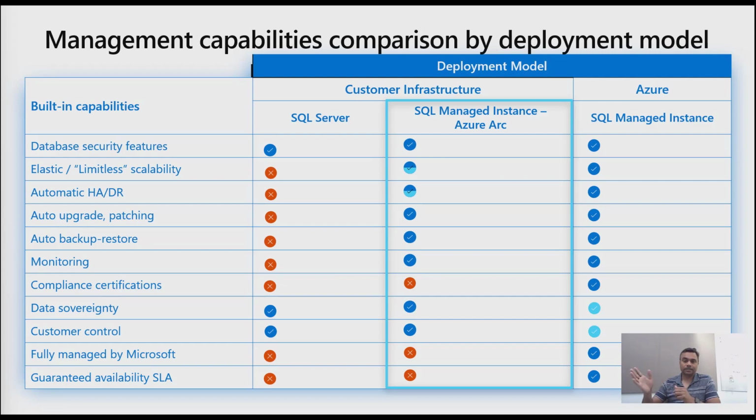So we have guarantees on SLAs around availability, performance, etc. In Arc SQL MI, we don't have any control on the infrastructure. We operate above the Kubernetes layer. As such, there are no guarantees on SLAs or performance. You, as the customer, bring whatever hardware you want that meets the availability and performance requirements of the applications that is going to be hosted on Arc SQL MI.